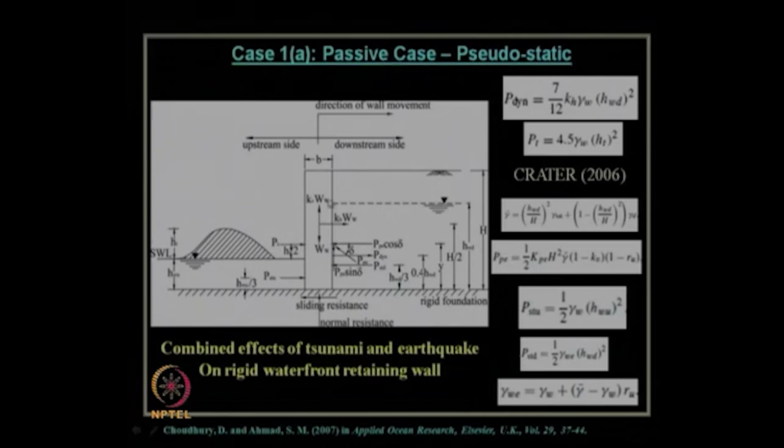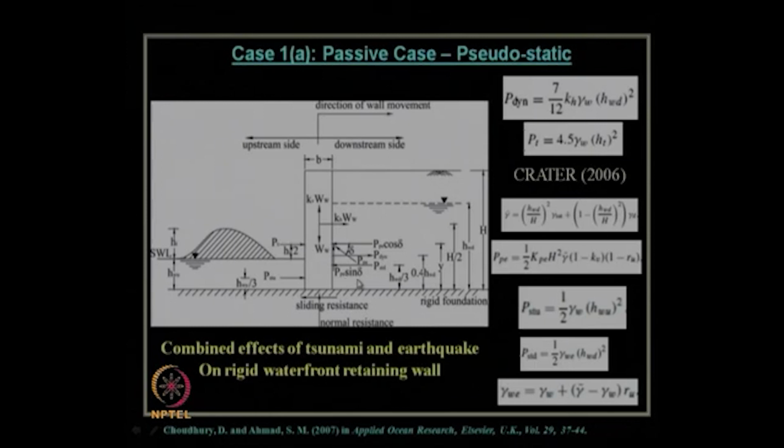Now, within the wall, the pseudostatic seismic inertia forces will be k_v W_w, where W_w is the weight of the wall section. This is the vertical inertia force, and this is the horizontal inertia force k_h W. Now, from the soil side, what will we have? P_PE is the passive earth pressure under earthquake condition at an angle delta with respect to the normal. So, we can resolve it into two components, cos delta and sin delta.